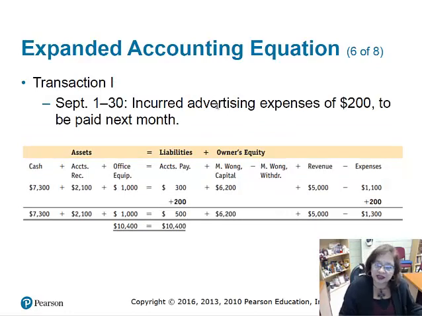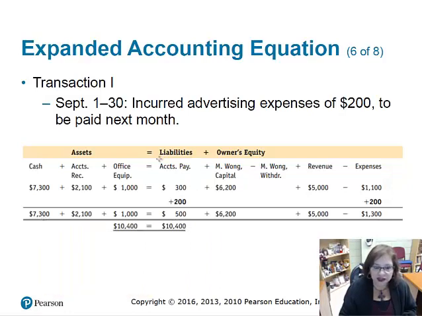Now you have an advertising expense, another one. Okay, you're adding that advertising expense. But notice what it says: to be paid next month, not now. So you add it to the expense. So now you have $1,300 of expenses, but you add it to your accounts payable because you're not paying it yet.